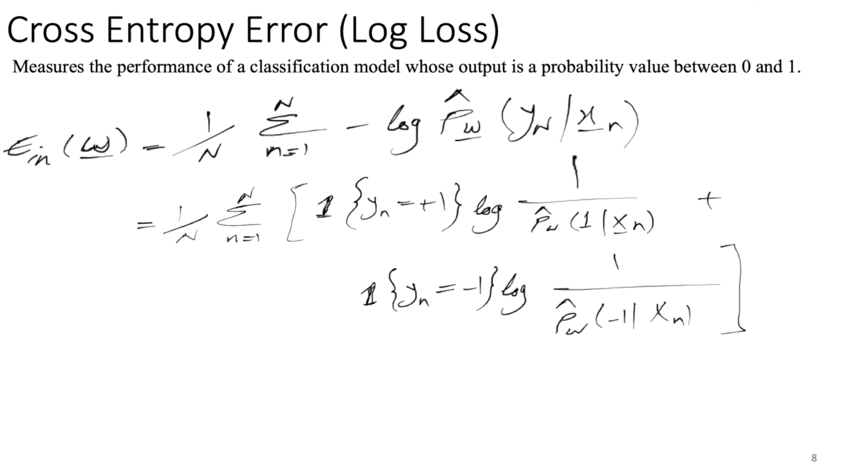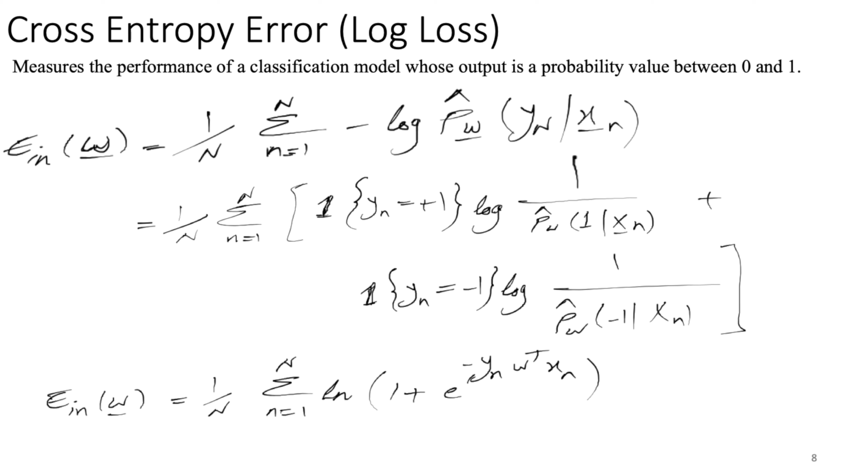And if you sum these two up, we're going to have the summation of the natural log of 1 plus e to the power of minus yn wT xn. And that was actually the idea of your hypothesis for xn and yn that we talked about with the likelihood.